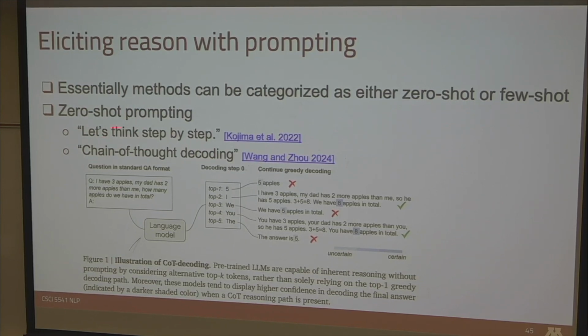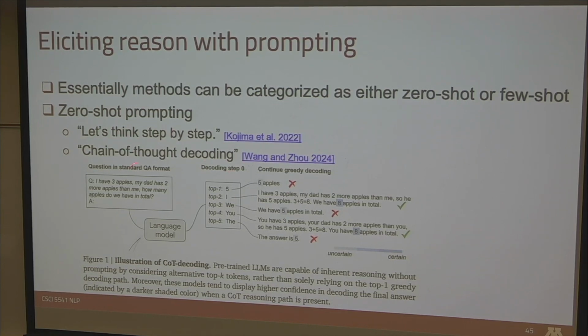And a funny finding from this paper is that if we ask the language model to say let's think step by step, then oftentimes it produces CoT-like responses. So this is a trick that you can elicit reasoning by just simply adding let's think step by step.